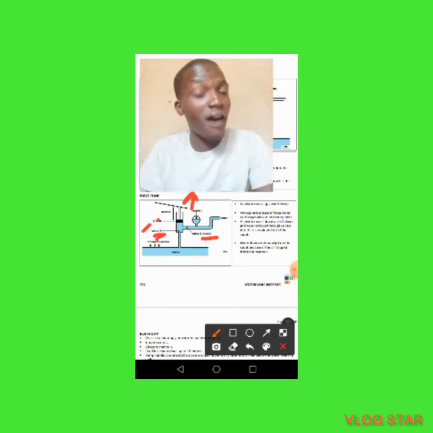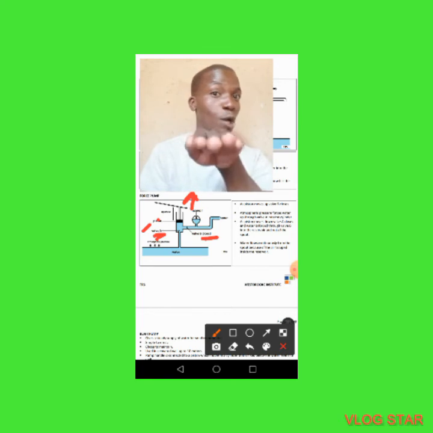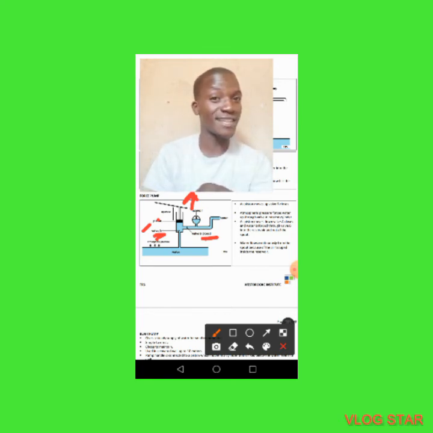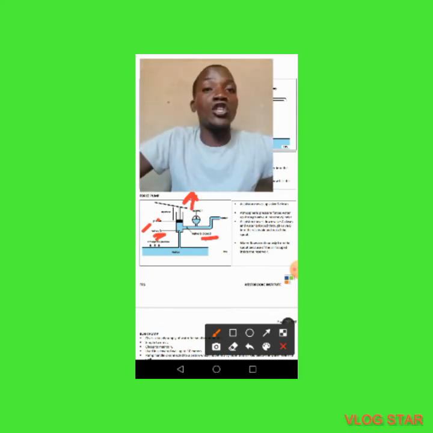So the foot valve opens as the piston moves upwards to allow water to enter into the cylinder below the upper valve. And when the piston is moving down, the foot valve is forced to close due to pressure.